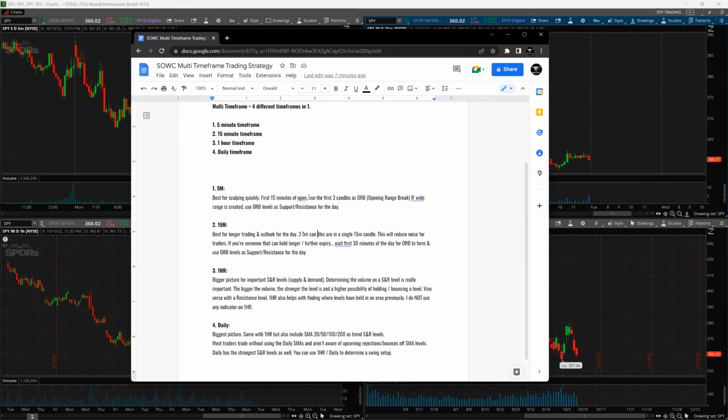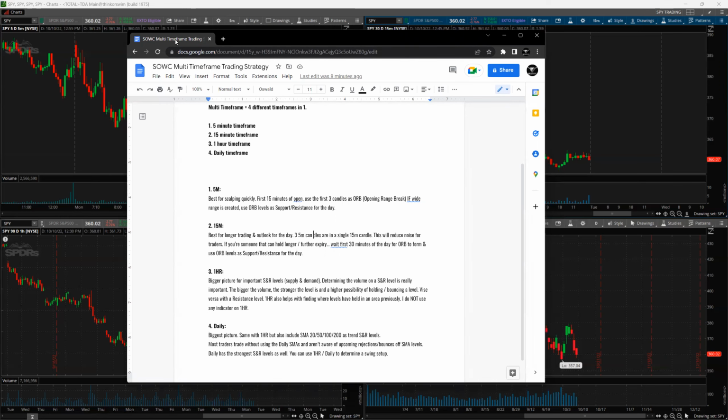And then once that happens, you use the first 3 candles of the open as your opening range break for your support and resistance. So once that range is created, you are going to use the top and the bottom of that range, the first 3 candles, as your support and resistance for the day.